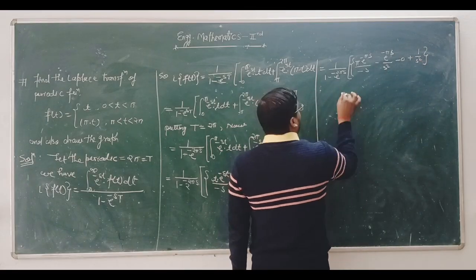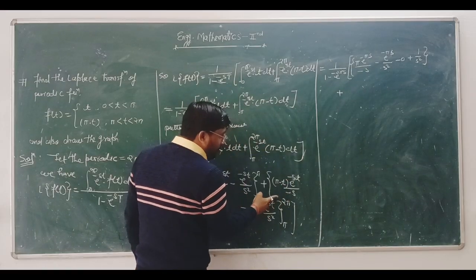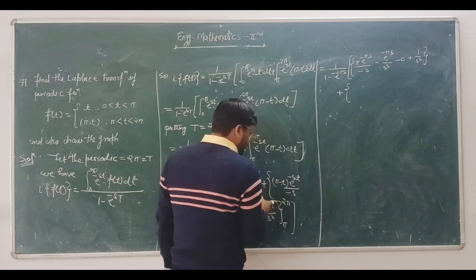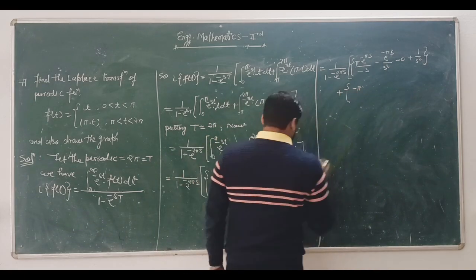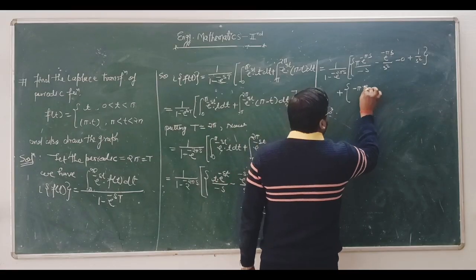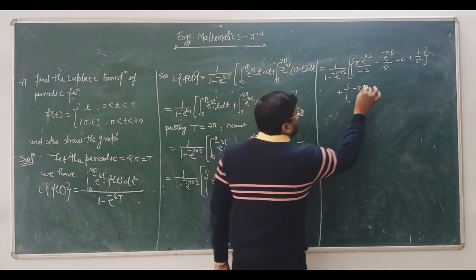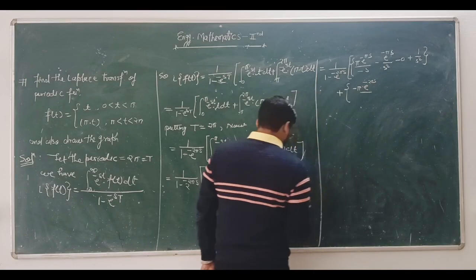Now again solve, plus limit pi to 2 pi. Now put first 2 pi. You solve this: pi minus 2 pi is equal to minus pi. Now e to the power minus 2 pi s upon minus s.